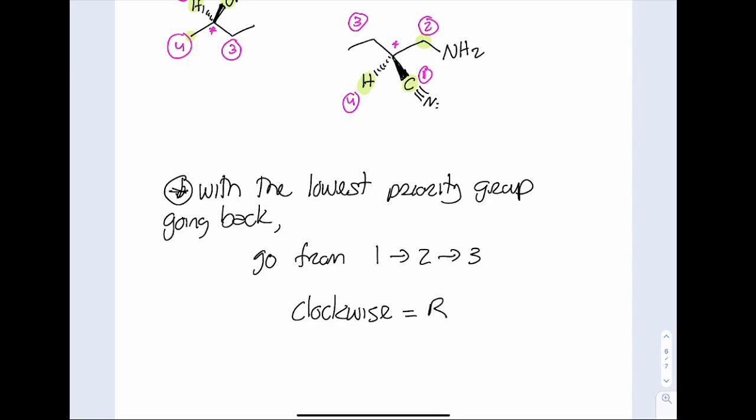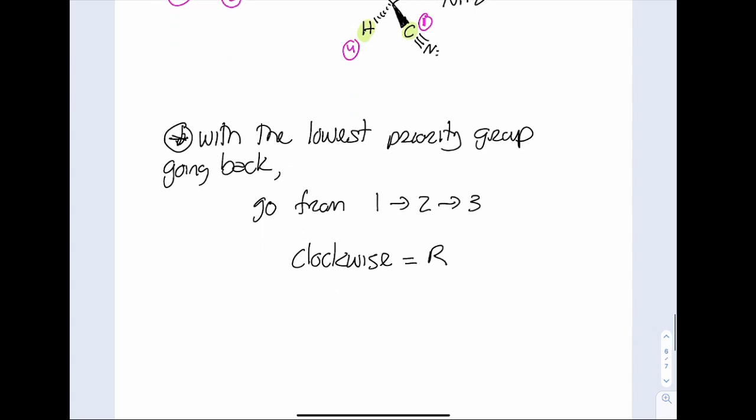Again, now remember, this has nothing to do with the rotation of light. Just because it's R doesn't mean it's going to rotate light in the clockwise direction. It has nothing to do with that. It only has to do with the orientation of the higher priority groups on my chiral center. Nothing to do with bending light.